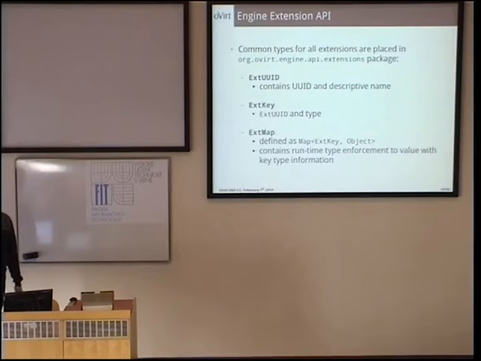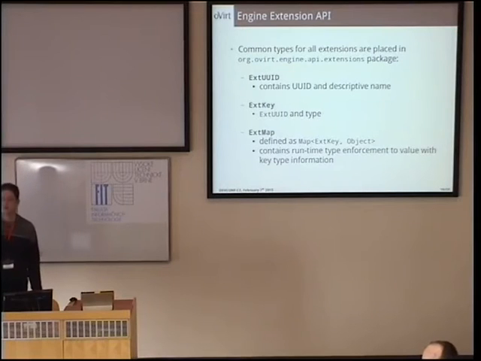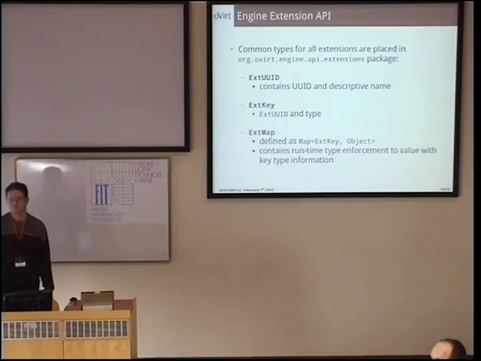Common types for all extensions are placed in the oVirt engine API extensions package, and there are some really important classes. So it's ExtUUID, which contains a UUID and a descriptive name. When writing an extension, if I introduce a new key, a new UUID, do I need to clear that UUID with you, or can I just start using it?